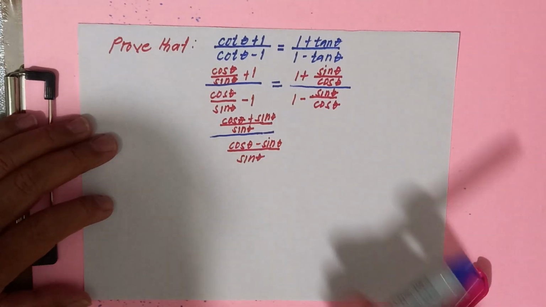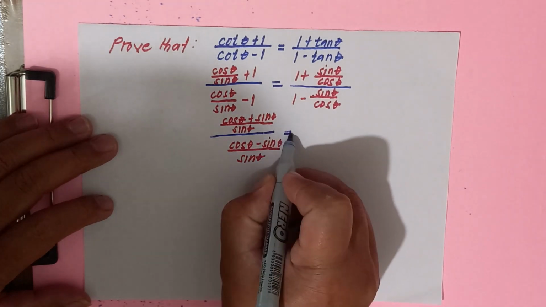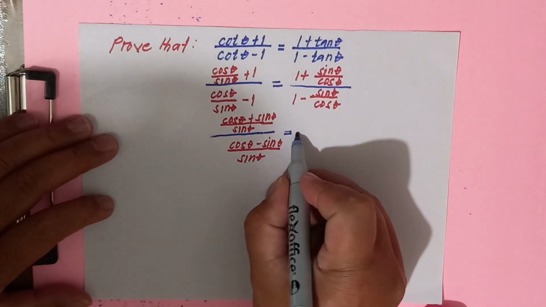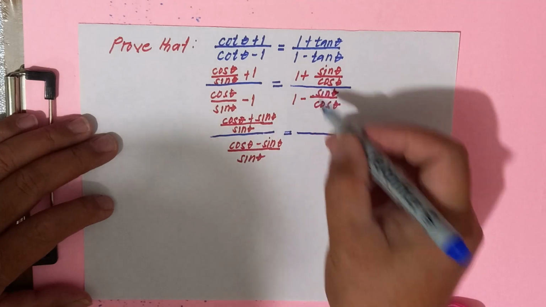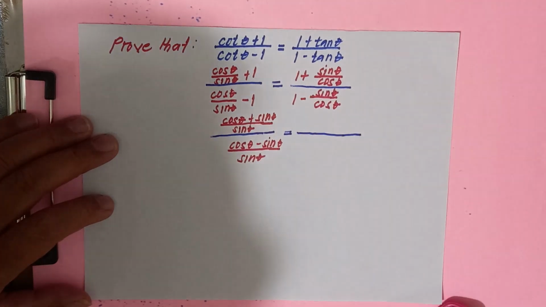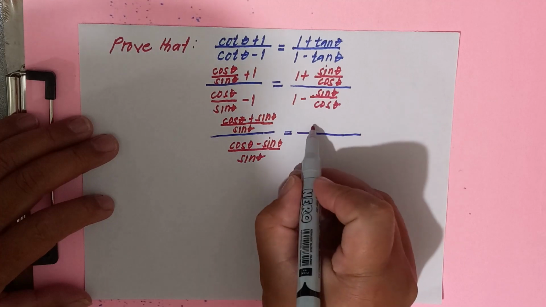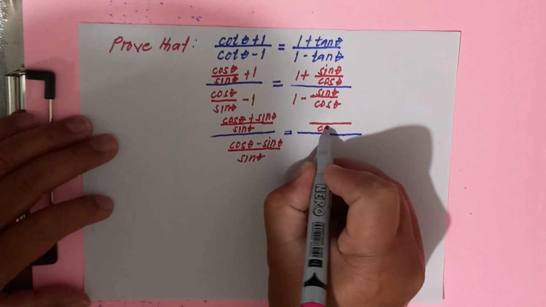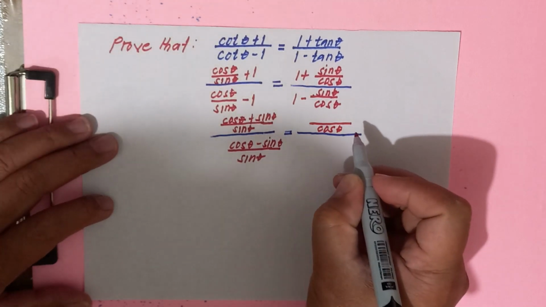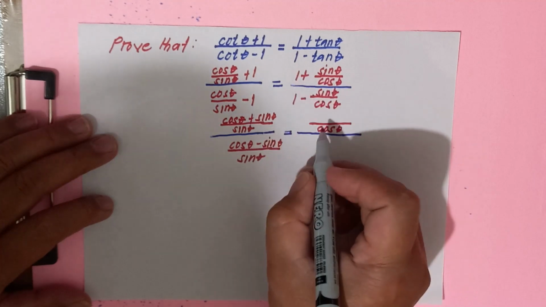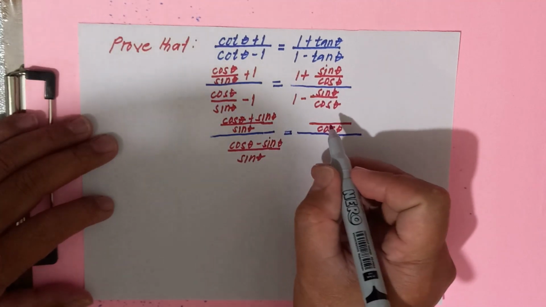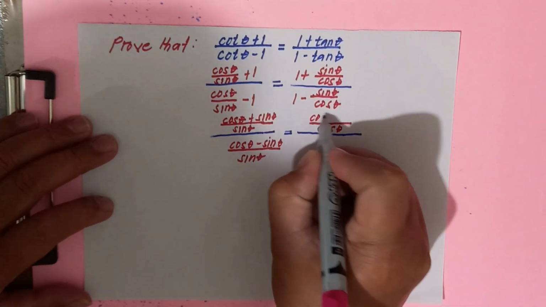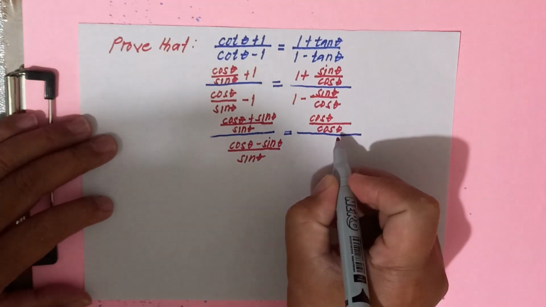Now, what about the right side? Notice that in the right side, we do the same. We do the same that we get the LCD of our numerator. So, what is the LCD? Cosine theta. Now, cosine theta cross multiplied with 1, that is the same as cosine theta.